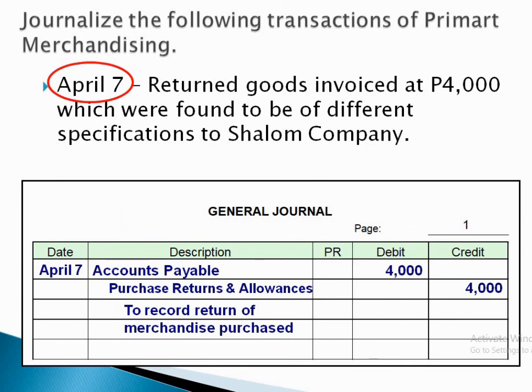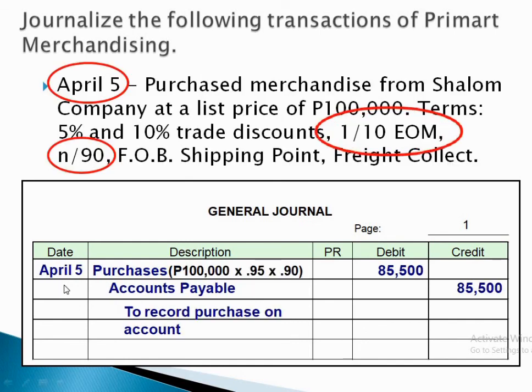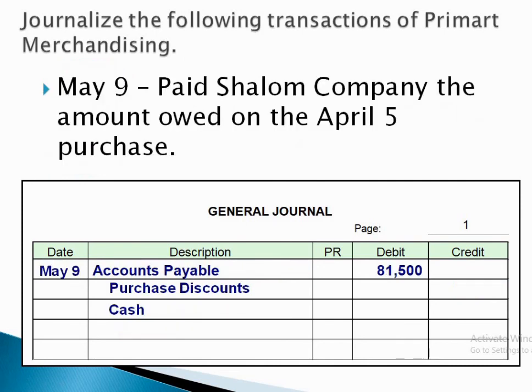So 85,500 credit minus 4,000 debit equals 81,500 balance of the accounts payable paid on May 9, which must be the basis of the 1% cash discount to arrive at the amount of 815 credited to purchase discounts. If the cash discount was 1%, how many percent was paid in cash?